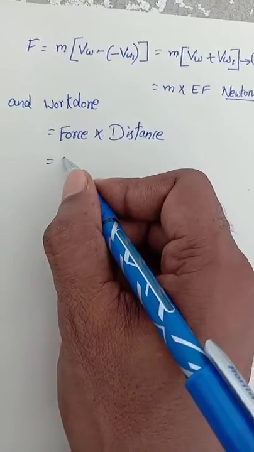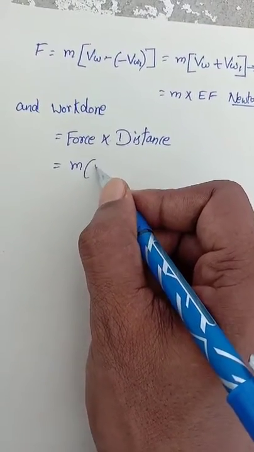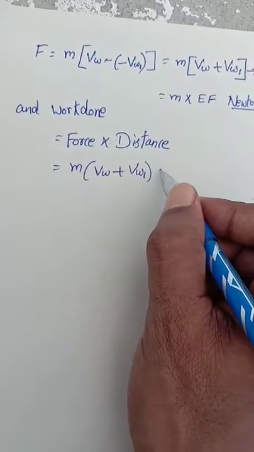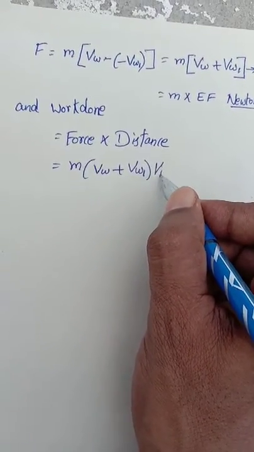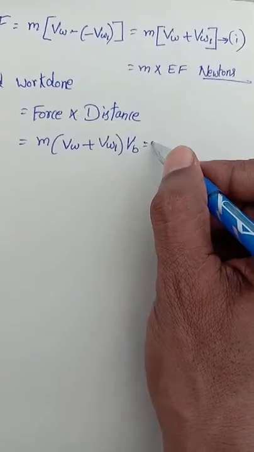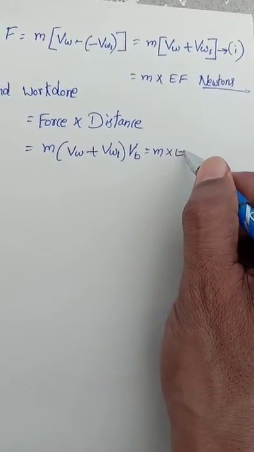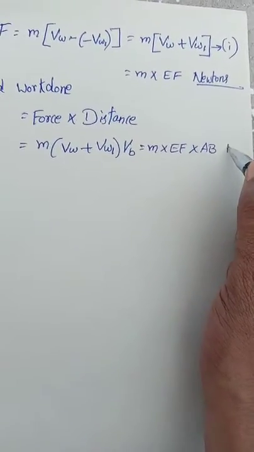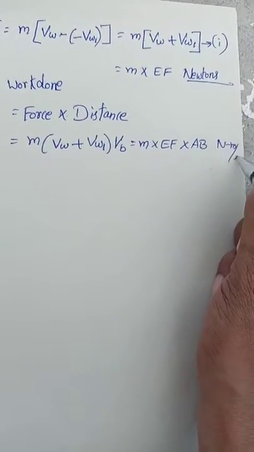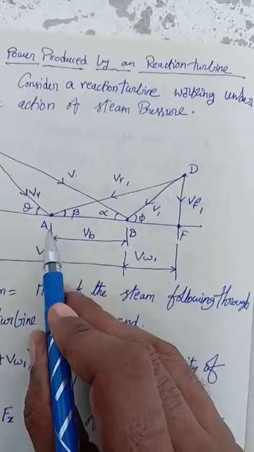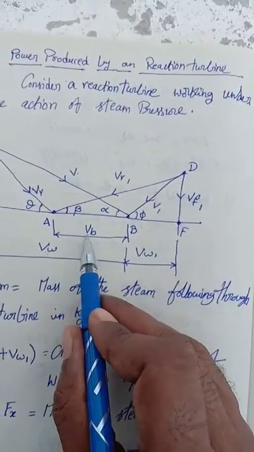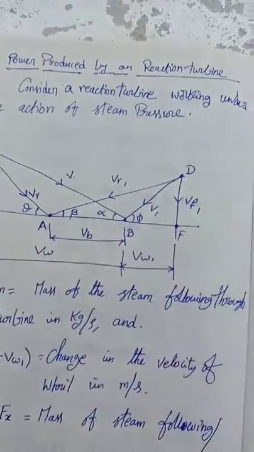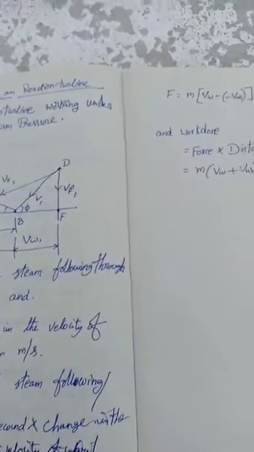Then we know very well force is equal to VW plus VW1, into VB. That you can write down here. This is called EF into AB. This is Newton meter per second. Look at this, AB is VB.